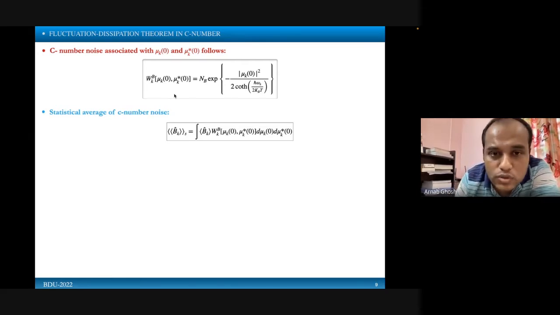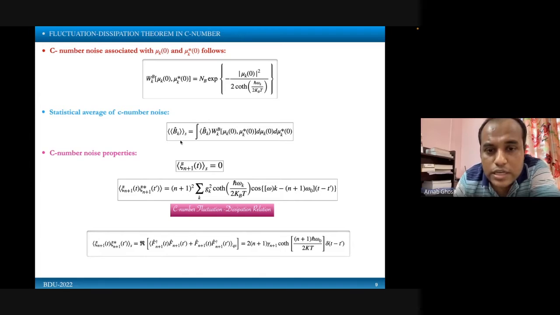To calculate that, one can calculate the statistical average of the C number noise. For any operator, in this case, the first average is the standard quantum mechanical average with respect to the coherent state, and the second one is the statistical average.